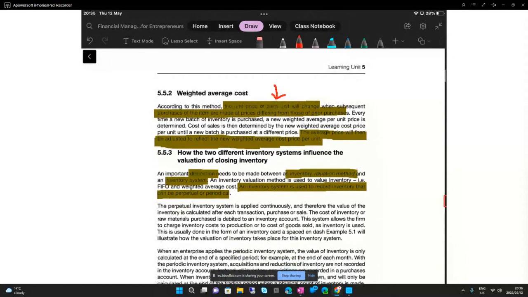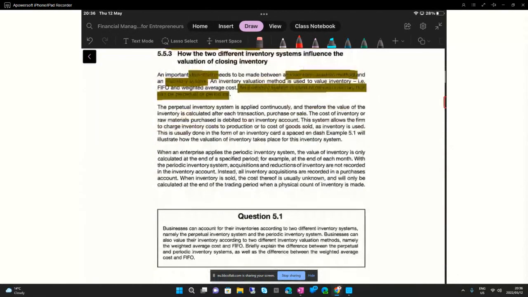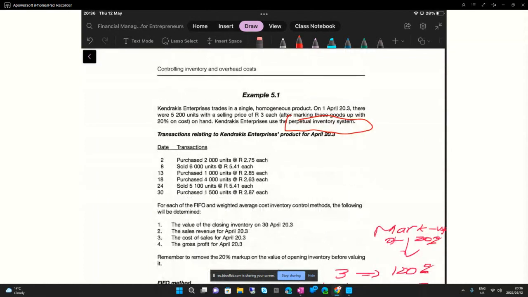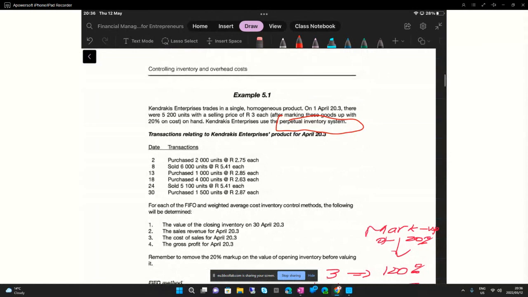But the inventory system could be either a periodical or a perpetual inventory system. And these two are different. That's why when you go to example 5, for instance, they are asking you about a perpetual inventory system.